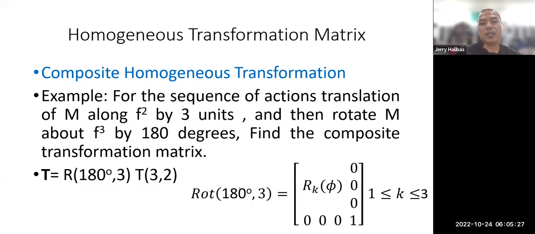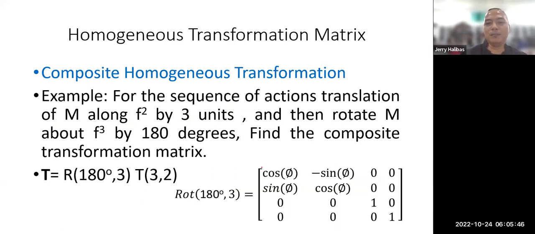So it goes rotation 180, then 3. What is the fundamental rotation? Remember, if it is along fixed frame 3, by default it is counterclockwise. And of course the 0, 0, 0, 0.